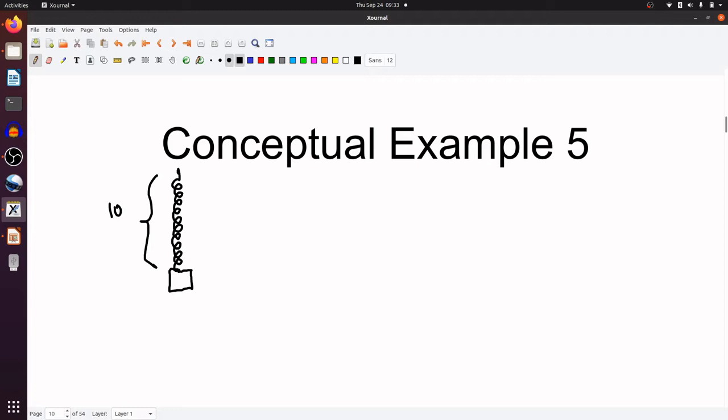And then, okay, well, what if we cut it in half? What happens? Well, we'll obviously have half the number of coils. So it'll be 1, 2, 3, 4, 5, not drawn to scale. Okay, and so we'll have 5 coils.